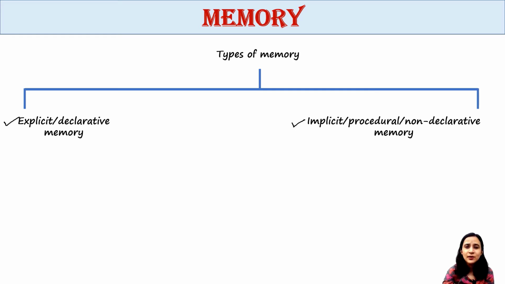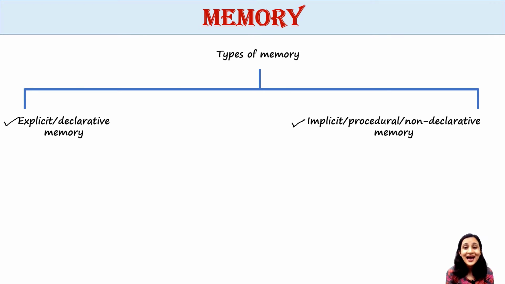So you can remember the name of your country, right? I can say I am from India. I can recall it. Or I know that this is a pen, so I can recall its name. So this is explicit memory. This is also called declarative memory. Why?